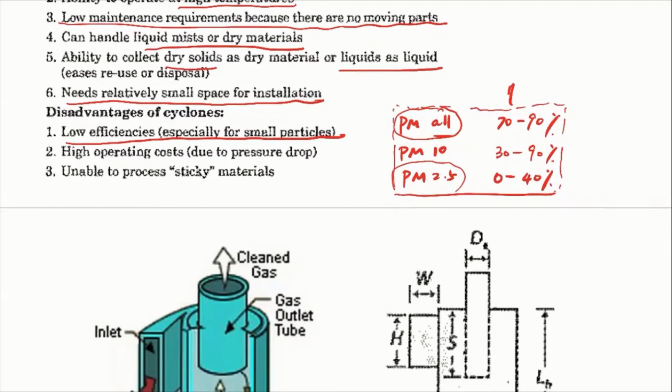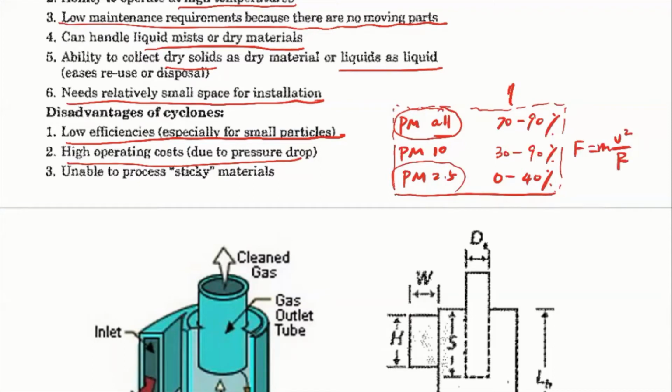The other disadvantage is that it has a high operating cost because of the pressure drop, because we have to pull the airflow through the cyclone. That's why we have to put a fan downstream of the cyclone to draw the air through, right? Because of the centrifugal force, the higher efficiency we want, the higher the speed should be. Again, the centrifugal force is mv squared divided by r.